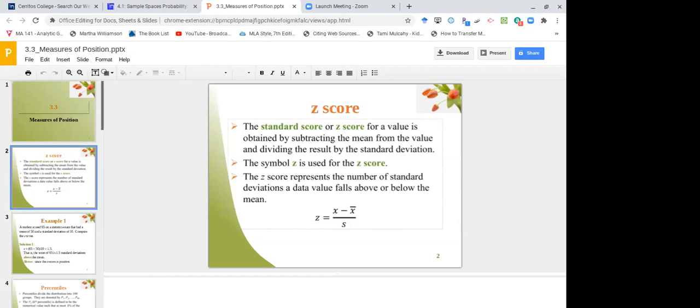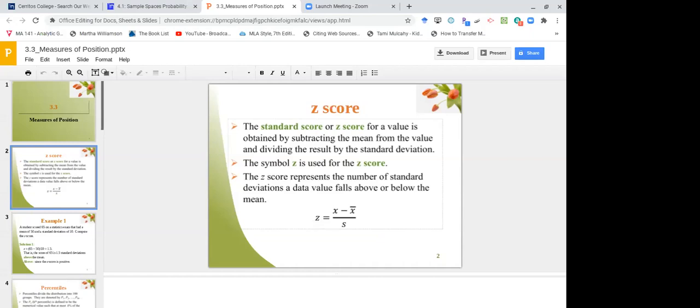If you've ever taken a standardized test, or if you've been to the doctor and maybe your child or your younger brother or sister, they're talking about developmental milestones, and they'll talk about how many scores above or below, how many z-scores, or sometimes we talk about some other things that we're going to be getting to, but those have applications in other fields. And the z-score represents the number of standard deviations that data falls above or below the mean.